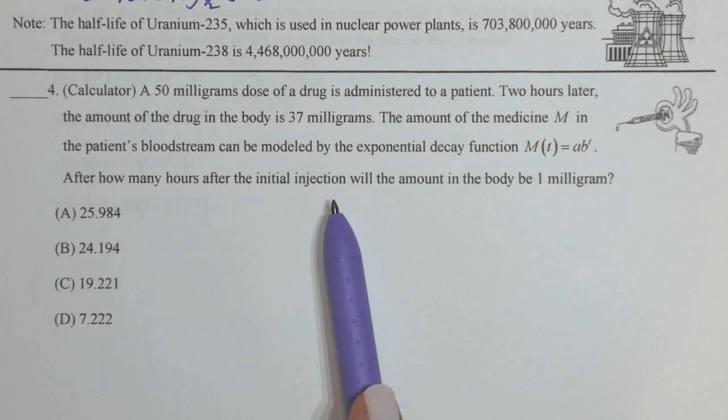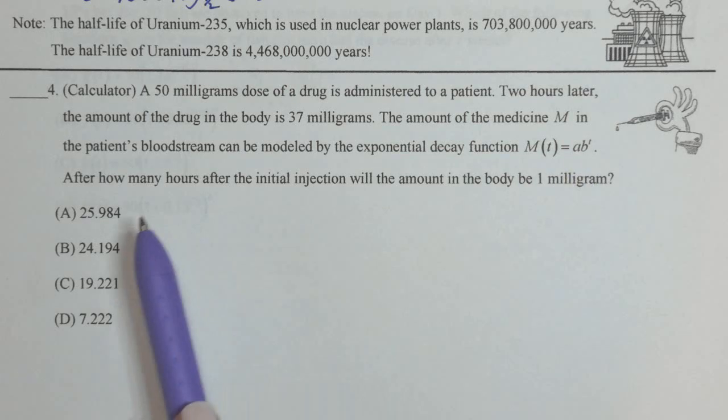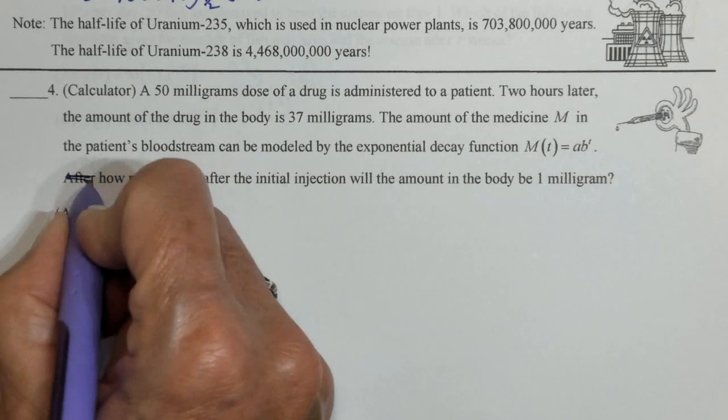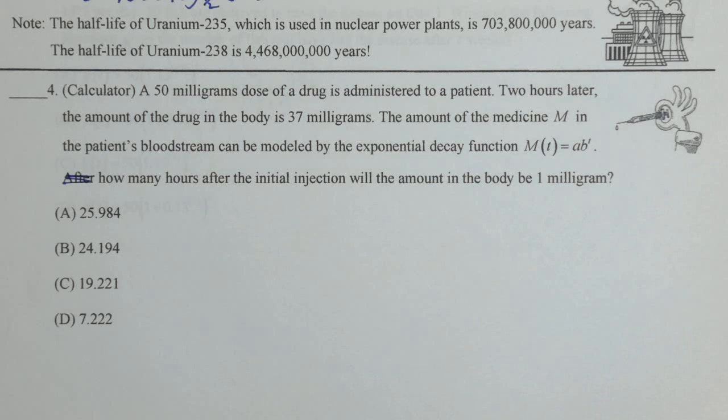After how many hours, okay, this is worded poorly, after how many hours after the initial injection will the amount in the body be 1 milligram? How many hours will it be 1 milligram?